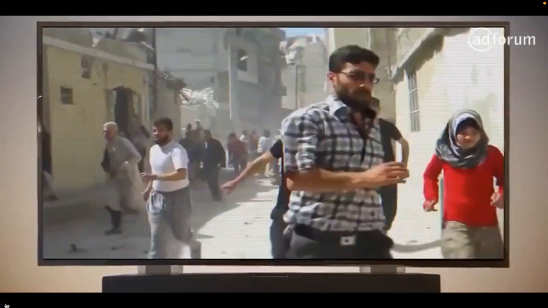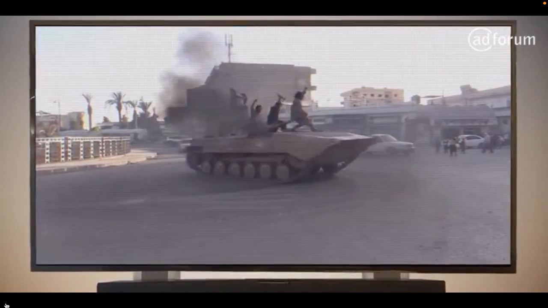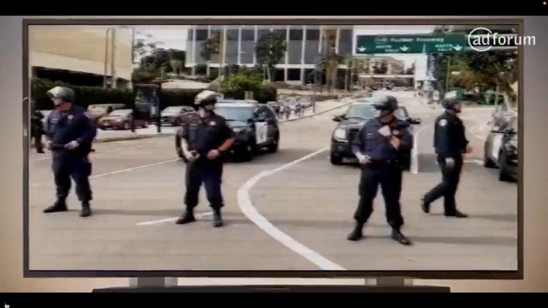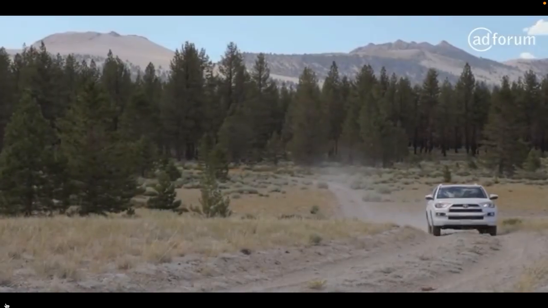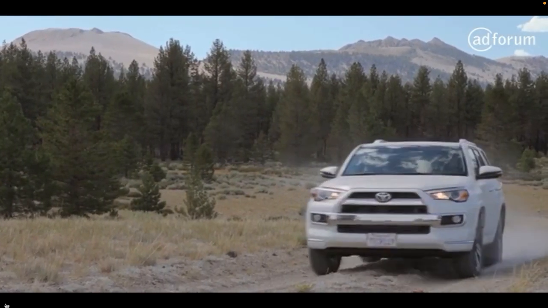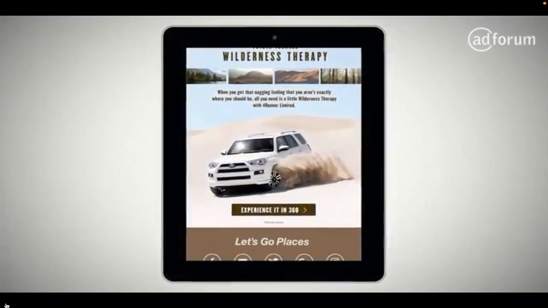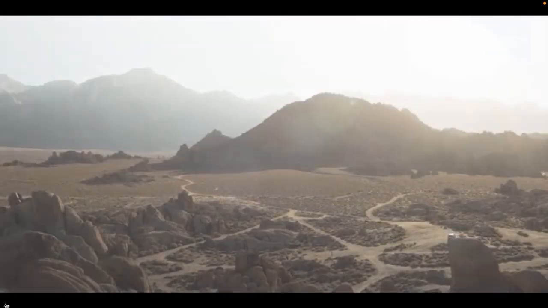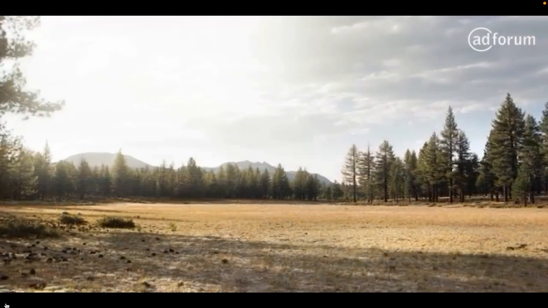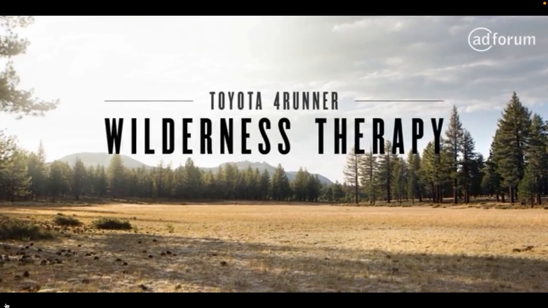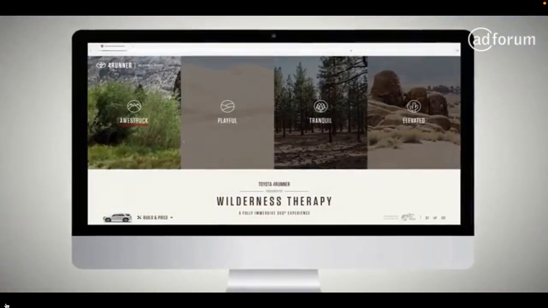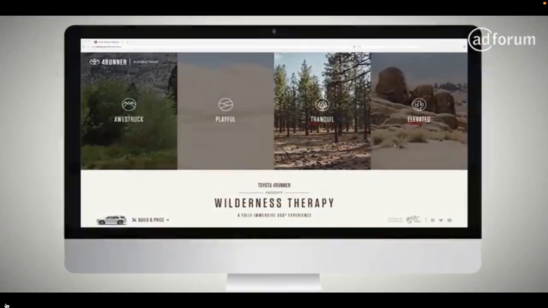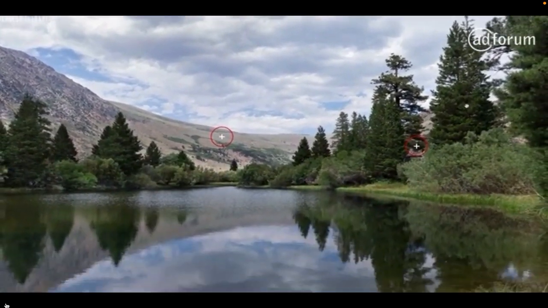In 2016, humanity turned up the volume. The media showed us a noisy, angry world, and SUV advertising added an aggressive tone with messages about conquering nature. To stand out amidst all the noise, we took a very different approach for Toyota 4Runner. We sent out emails and direct mail inviting hand raisers and owners to slow down and shut out the noise and chaos with the help of wilderness therapy from 4Runner. Adventurers were invited to participate in a series of online encounters of the natural kind, far, far away from their hectic lives.